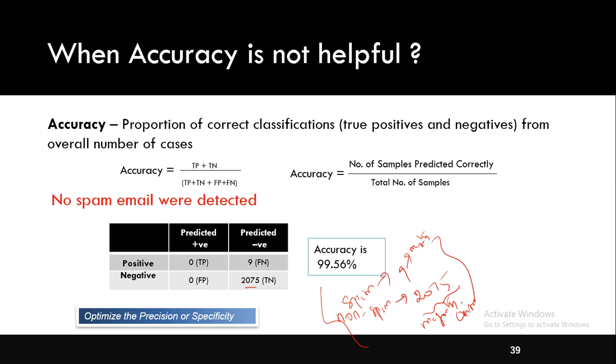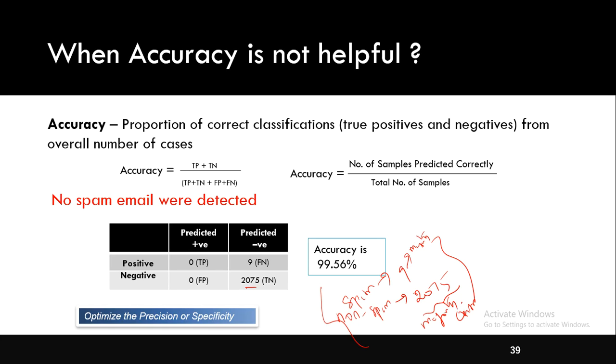Okay, we can use precision in the case of the false positive cost is high. So what do you mean by higher false positive cost? In the case of email classification, the false positive value is very high, which means the non-spam emails are predicted as spam email.